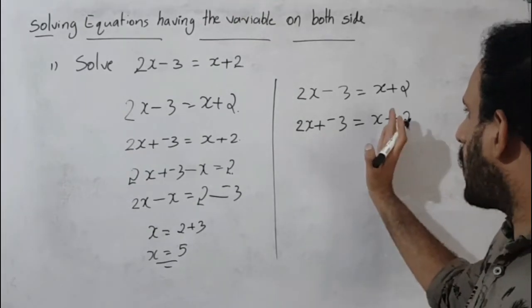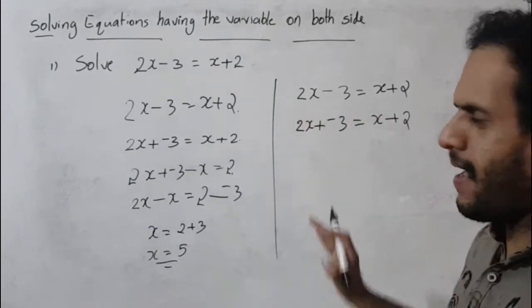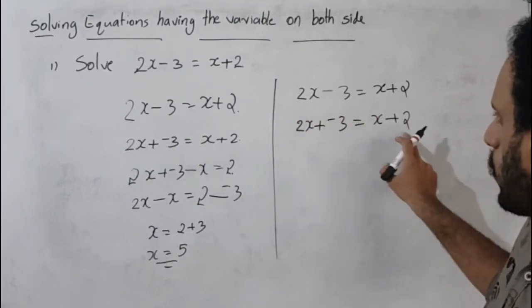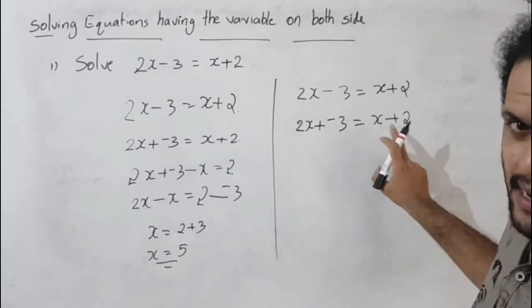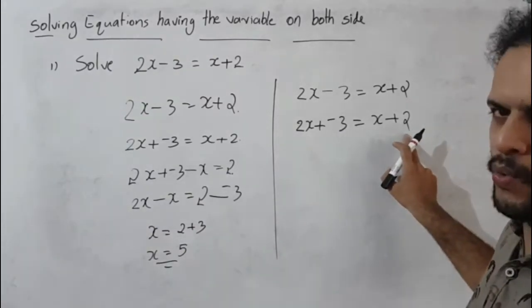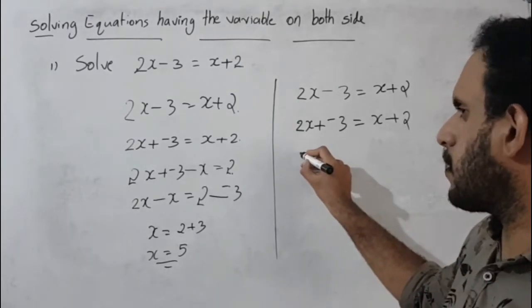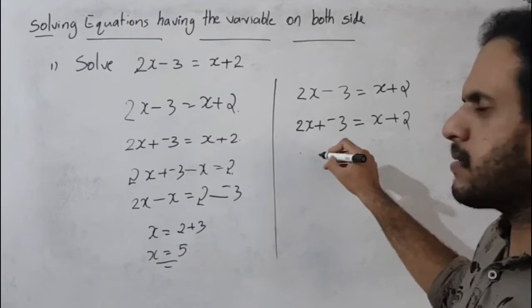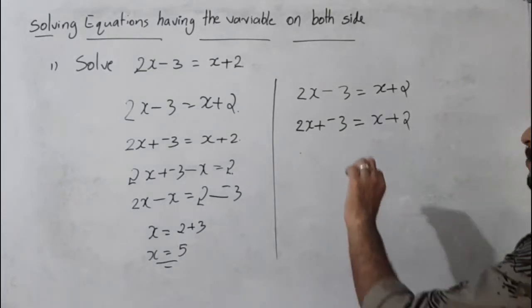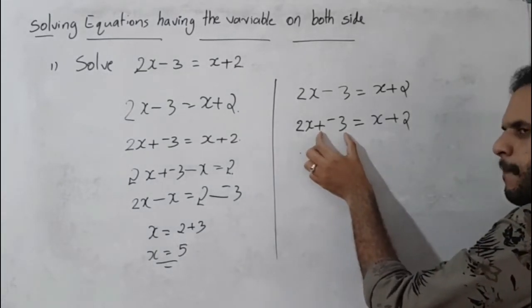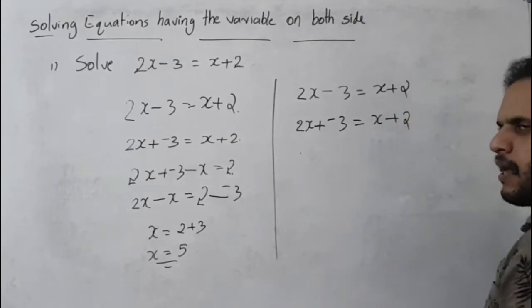First I transpose x to this side. Here we have x plus 2, x is adding with the 2. So in the case of transpose, what is the change? Minus: 2x minus x. In the same step I transpose the plus minus 3 to the right.